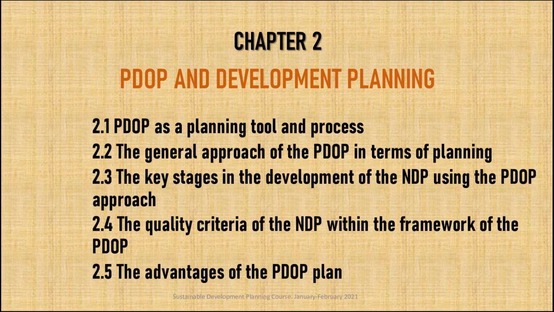Third, the key stages in the development of the National Development Plan using the PDOP approach. Fourth, the quality criteria of the National Development Plan within the framework of the PDOP. And fifth, the advantages of a plan built based on the PDOP methodology.